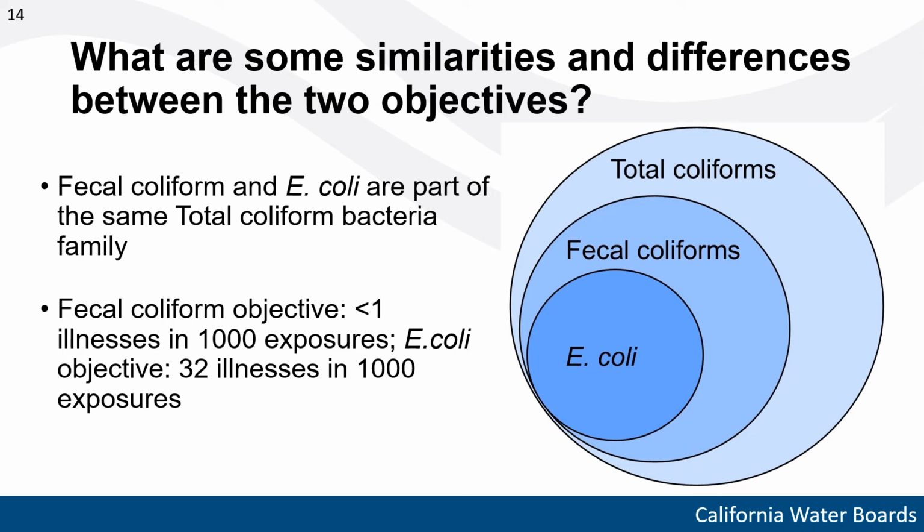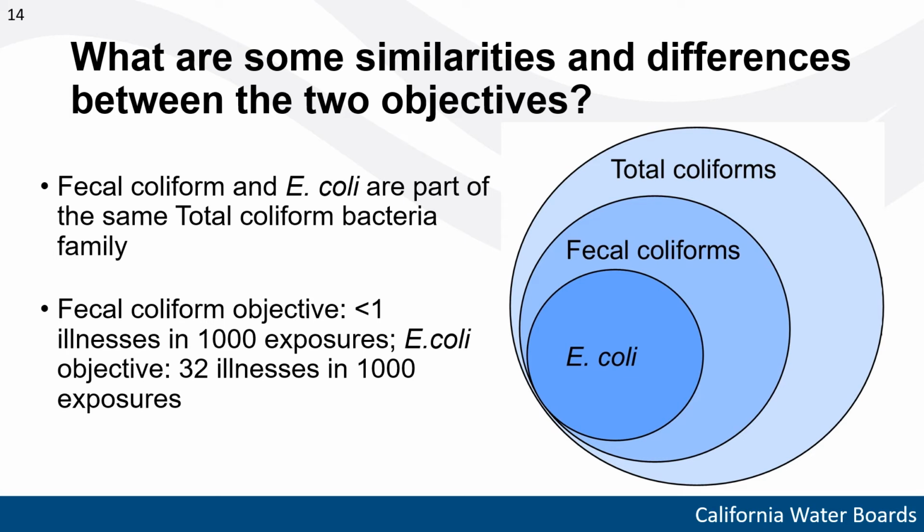In the second half of the 20th century, microbiologists began to realize that there was yet another smaller group of coliforms which were even more indicative of the presence of fecal material, and that group is known as E. coli. E. coli are a better indicator of the presence of harmful pathogens and viruses because they are more closely linked to fecal matter when compared to fecal coliform.